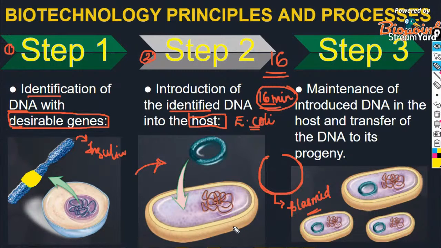Plasmid is the extrachromosomal genetic material of prokaryotes. We will discuss plasmid in detail in a separate upcoming class. We have to introduce this particular gene into the plasmid.